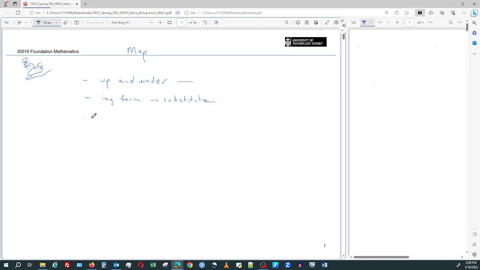The next one is probably the most important thing next to chain rules, the u substitution. So I'm going to emphasise that for you.